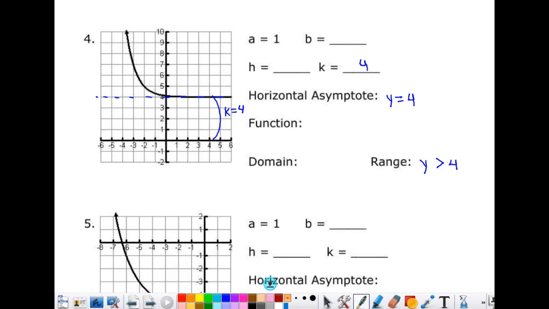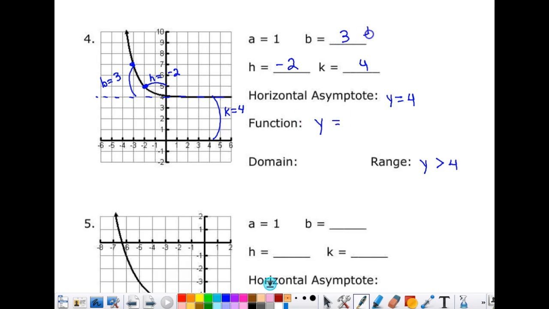Okay, so we're going to go flat, flat, flat, first point. What does the first point tell us? The H. So the H is what? Negative 2. Okay, the B. So we got to go find our second point. What's our B? B is 3. Okay, so we can write our function.